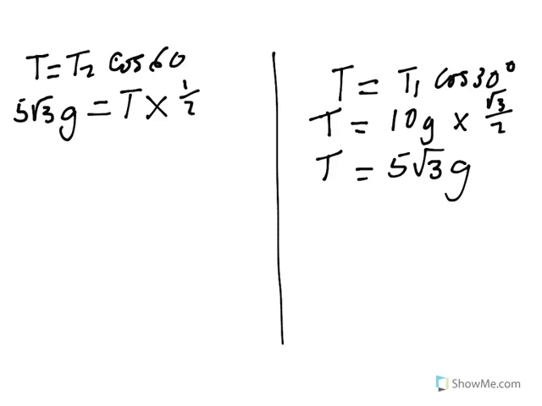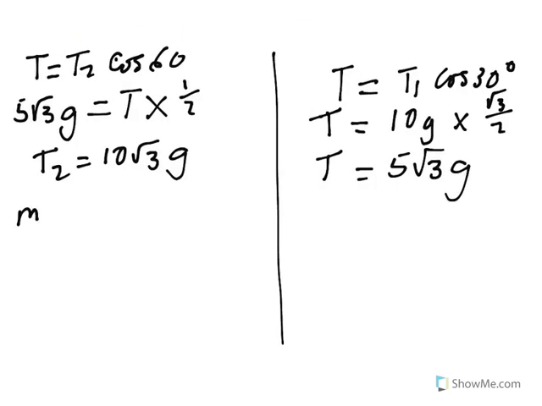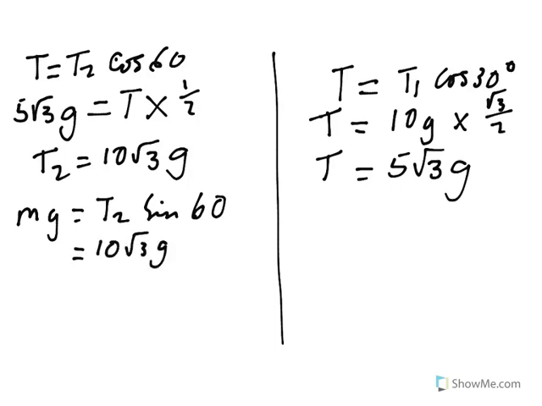And so the tension, T2, is 10 root 3 g, which is then handy because we can now substitute that into this one here. So mg is T2 sine 60. T2 we now found is 10 root 3 g. The sine of 60 is root 3 on 2. The g's of course cancel.